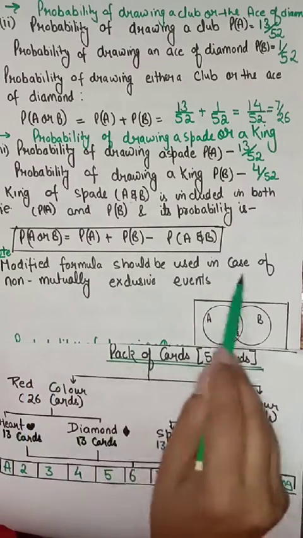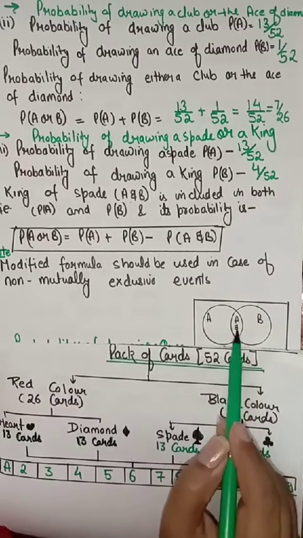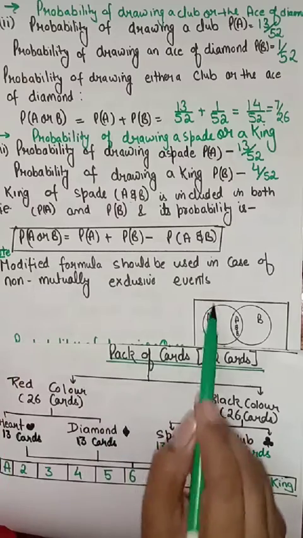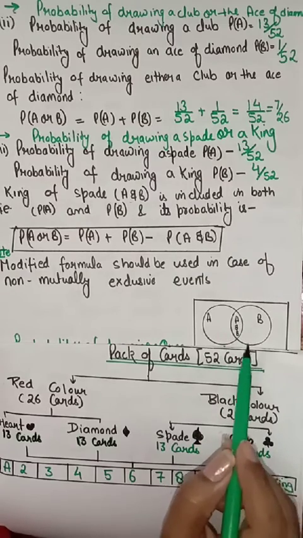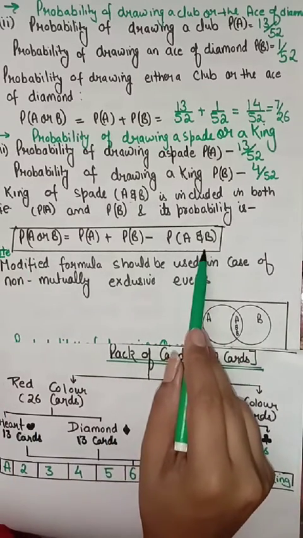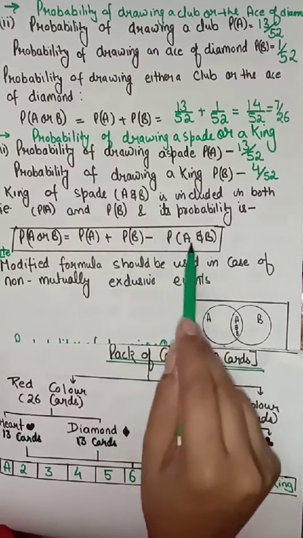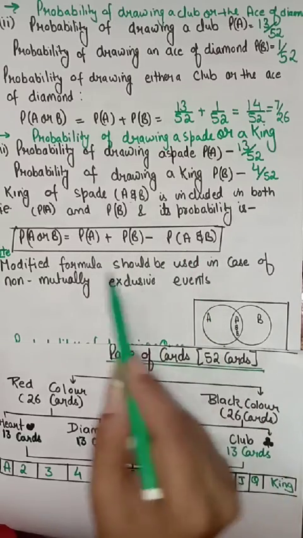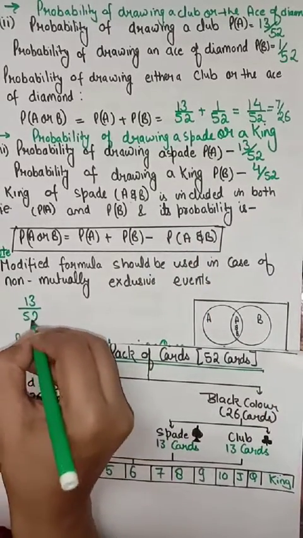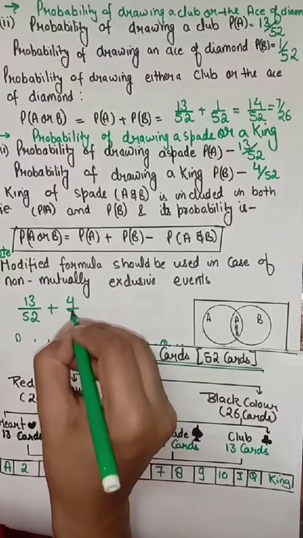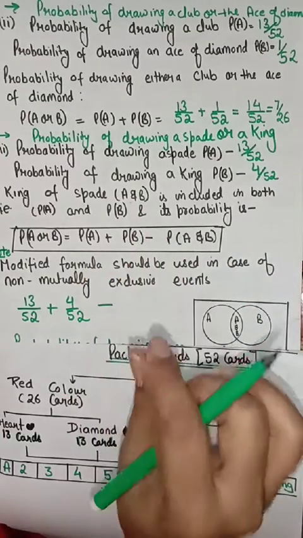The modified formula should be used in case of non-mutually exclusive events. There is one such condition which breaks the exclusiveness of the events. When there is such non-exclusiveness, you opt for this formula, where you deduct the condition that links the two probabilities. So we write 13 by 52 plus 4 by 52 minus the number of conditions where these two probabilities are interlinked.